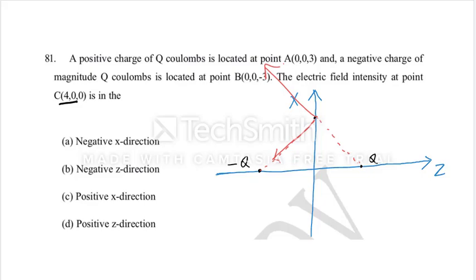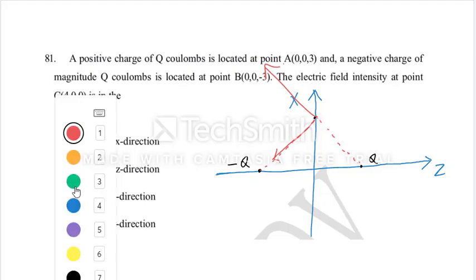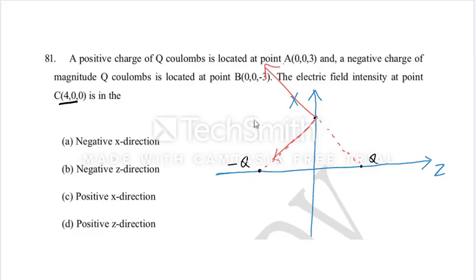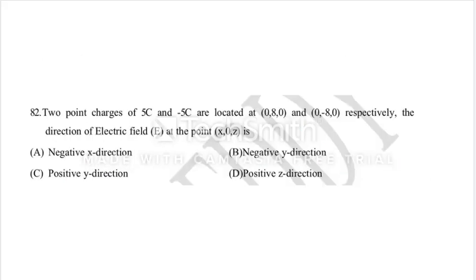As a resultant of these two, the resultant field direction comes like this, along the negative z direction. Why? Because this component and this component get cancelled, leaving the resultant field like this. Now we'll see a similar type of problem once more.